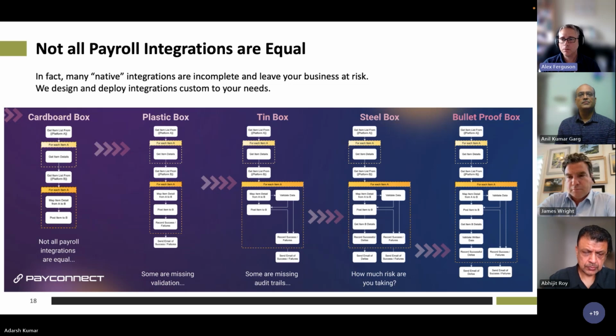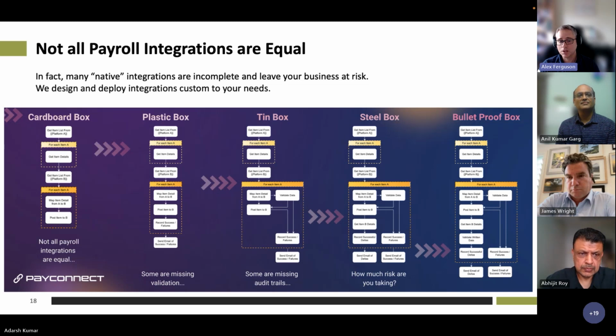And as we move progressively towards the right-hand side of this graphic, you realize that it's not just about validating data. It's also about providing meaningful feedback to the payroll team about the performance of those integrations. And so we can see as we move from a cardboard box to a plastic box, we start adding data validation.